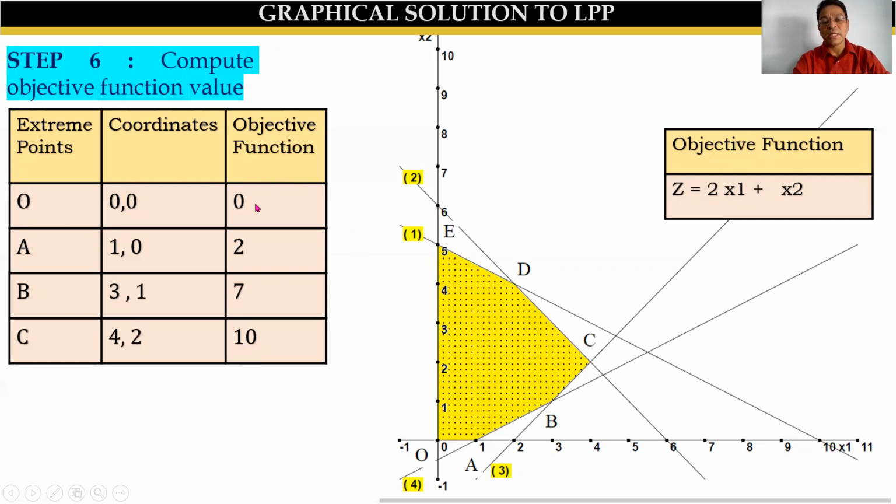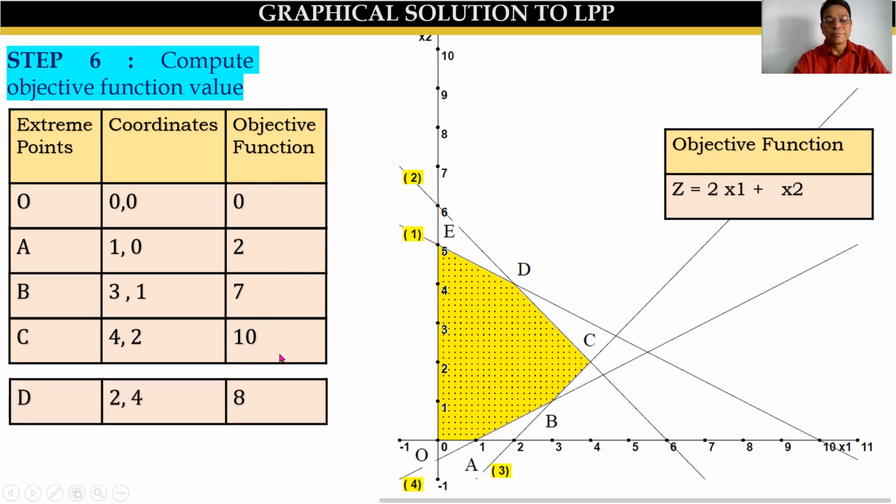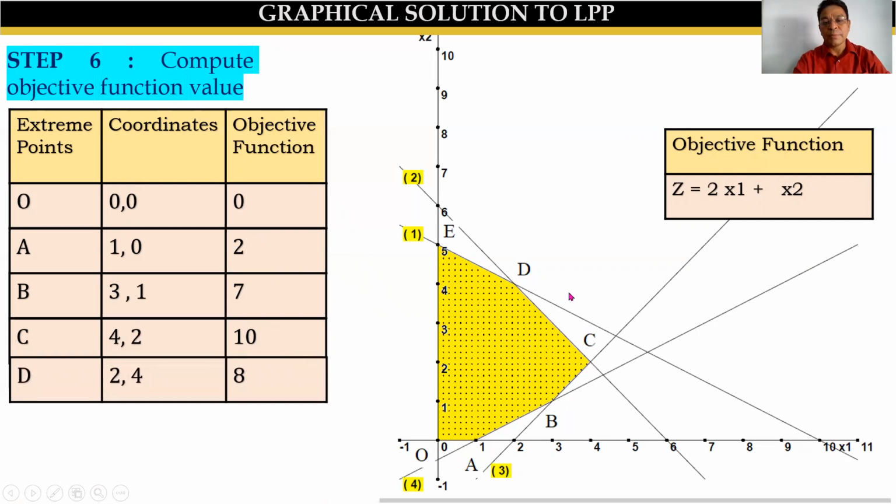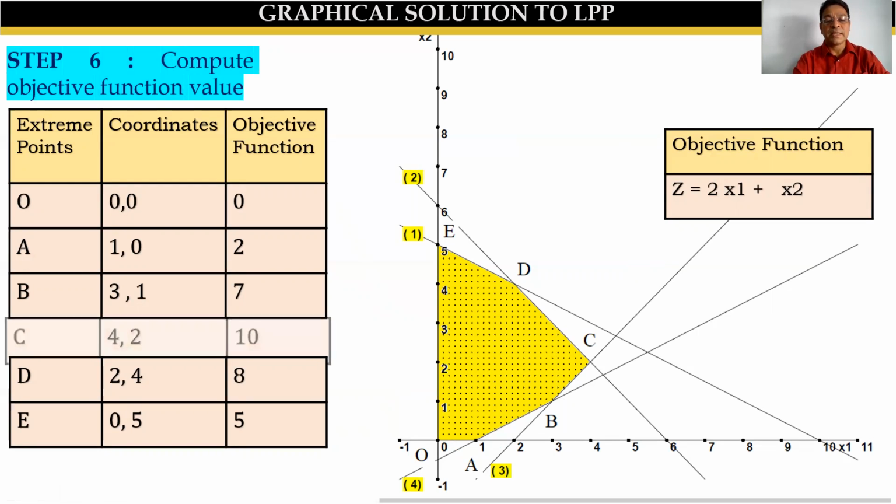So you can see that we started from 0 and we are slowly getting the optimum value of Z. But when we shift from point C to point D, the optimality has reduced. We are getting a value which is less than 10, so it is not the optimum value of Z. We have completed all the points, and the final optimum value of Z is given by C. So this is the optimum solution.